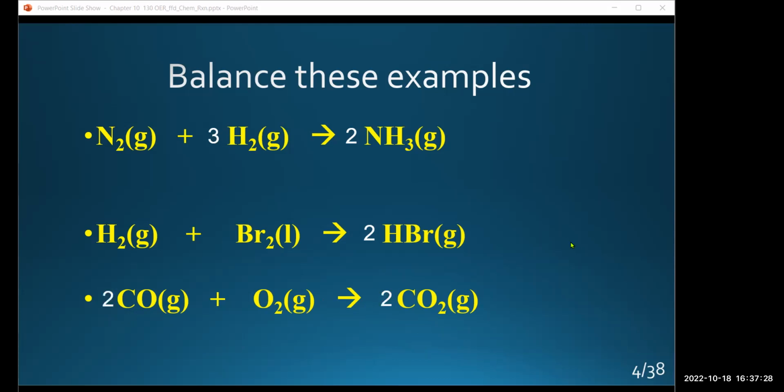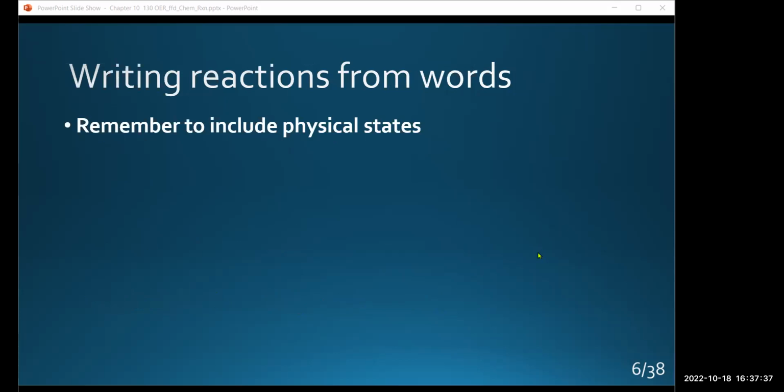Okay. And our ratio of carbon monoxide to oxygen is a 2-to-1 ratio. All right, now, when writing reactions from the words that you're given, make sure that you include the physical states. So refresh your memory on the physical states. When you're dealing with ionic compounds, remember the solubility rules play a factor here.